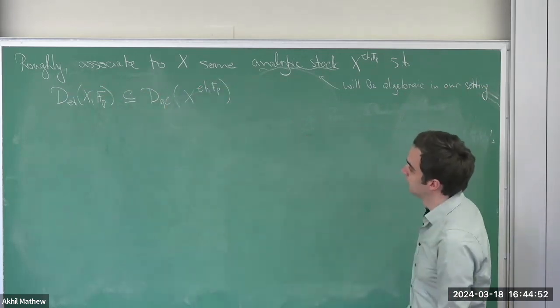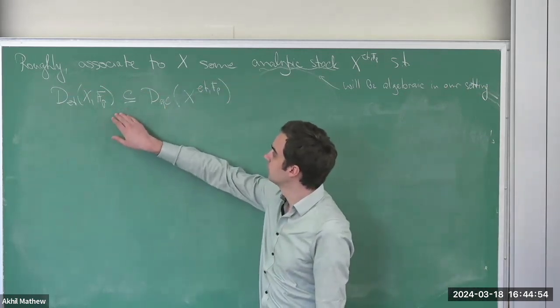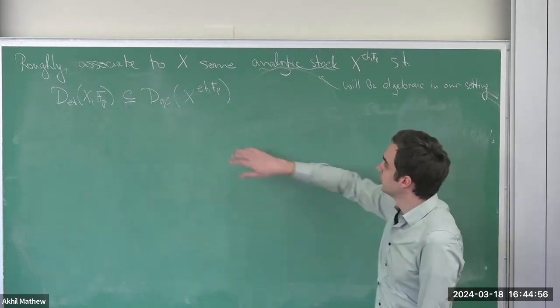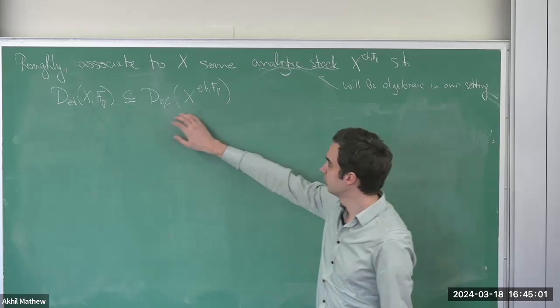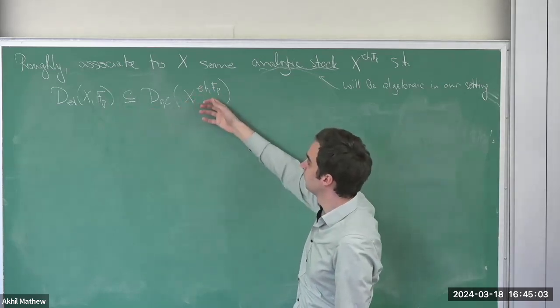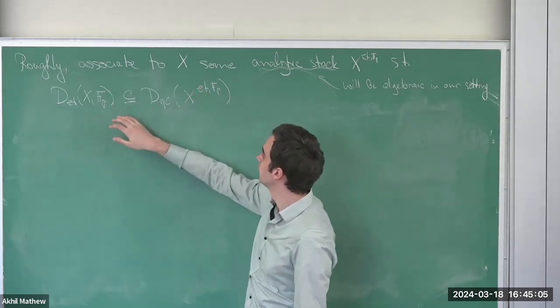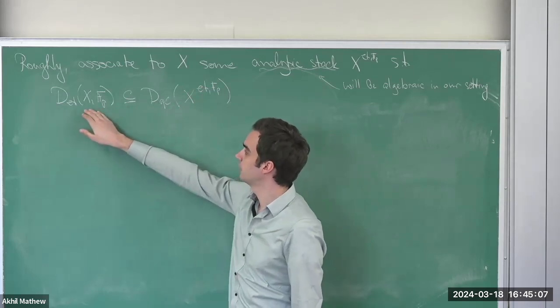Okay, and if we know this, and we know a little bit about how they embed, then we can use this six-functor formalism that we have on quasicoherent sheaves to get something we can work with. And of course, it will, in general, get you outside of this category, but that's okay.